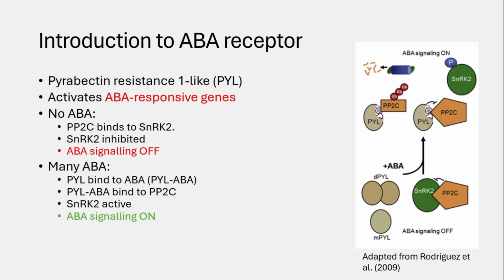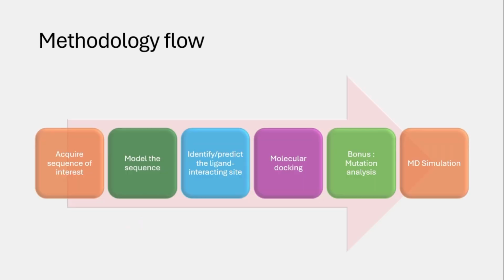But if we have the presence of abscisic acid, the abscisic acid will bind to the PYL, and this PYL-ABA complex will be able to bind to protein phosphatase 2C competitively. So it will outcompete SnRK2. SnRK2 becomes available and phosphorylated, and it can activate the ABA signaling processes. So the study that we're going to perform is to characterize the PYL receptor.